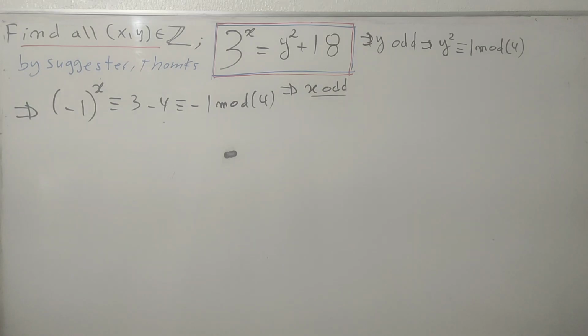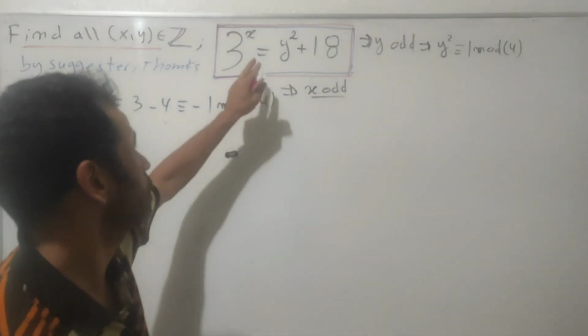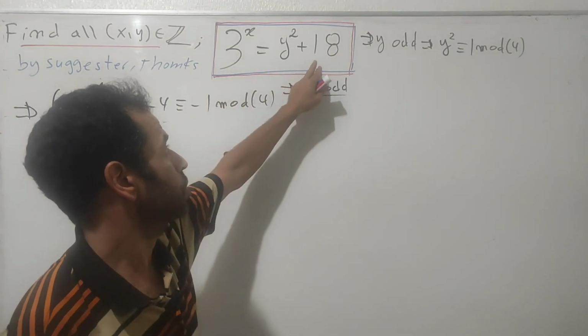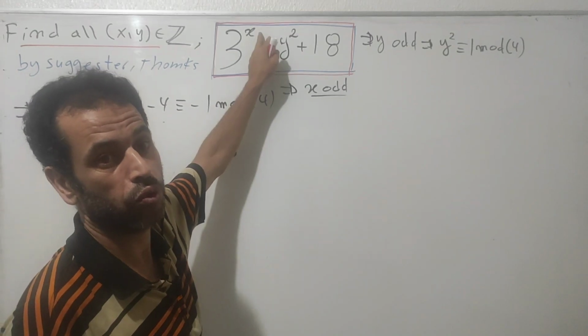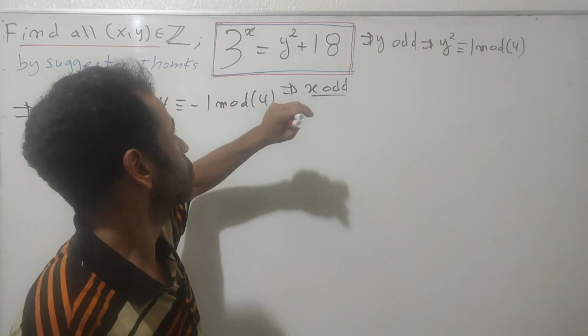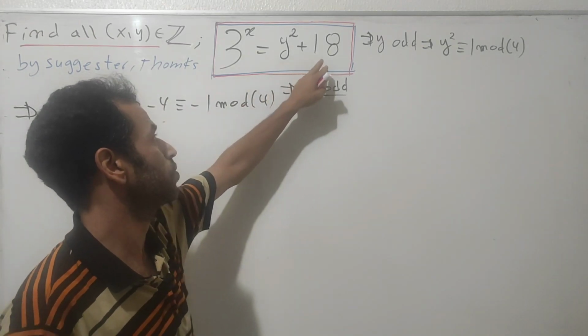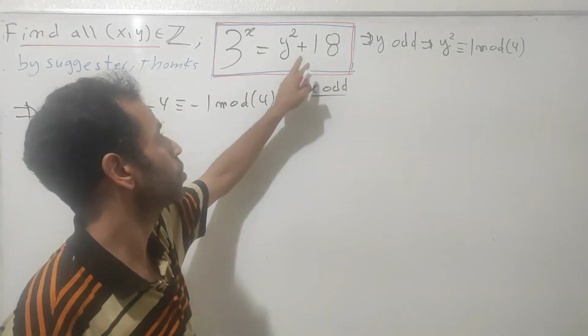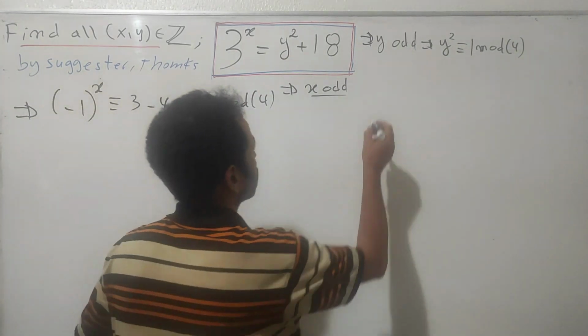So what to do here? If you take a look carefully, for all x greater than or equal to 1, we know 3 divides the right hand side of this equation. Since 3 divides the right hand side of this equation, and in addition 3 divides 18, in other words, 3 must divide y squared.